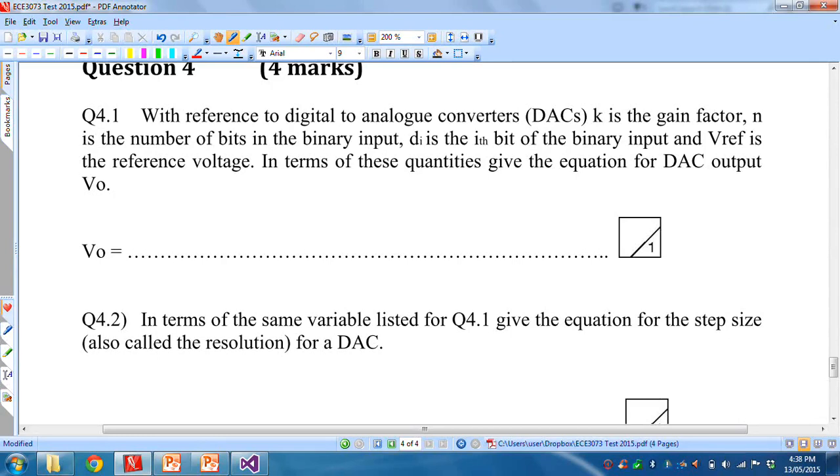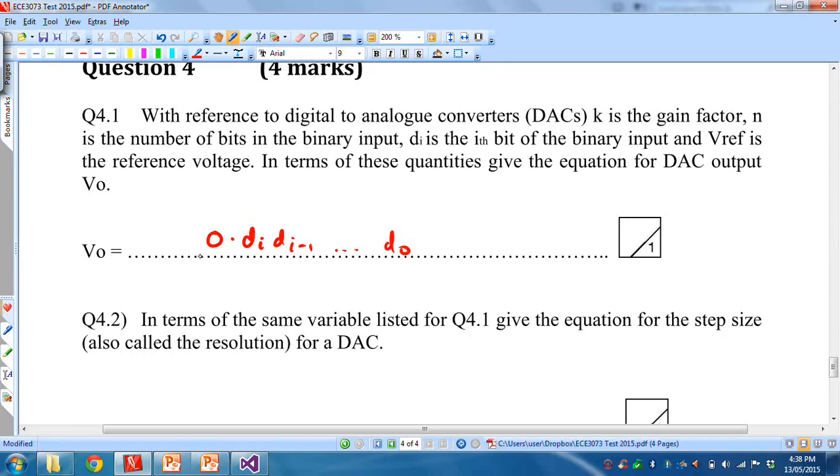So a DAC, I'm trying to convert some binary input to an analog voltage. So what am I trying to create? I'm trying to change something which is 0 decimal to 2 to the n minus 1 decimal. That's my binary number.